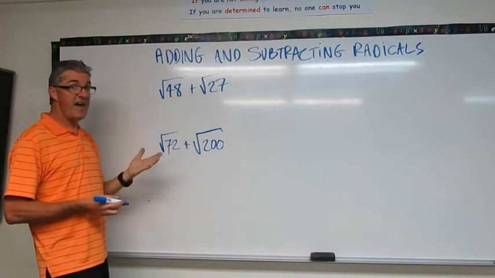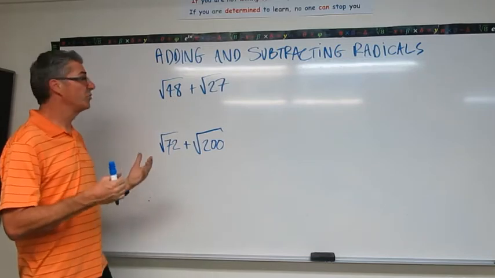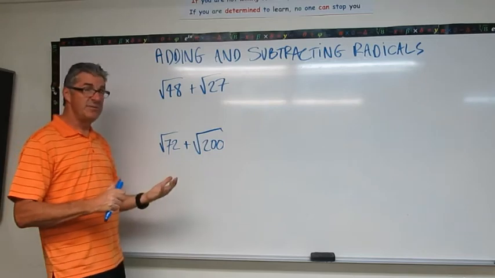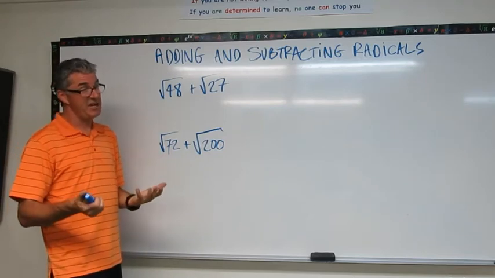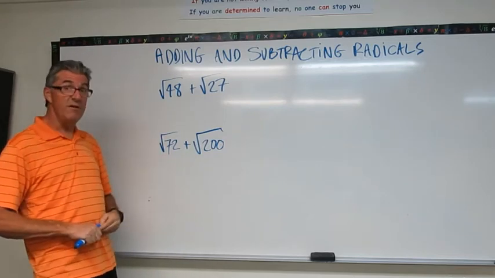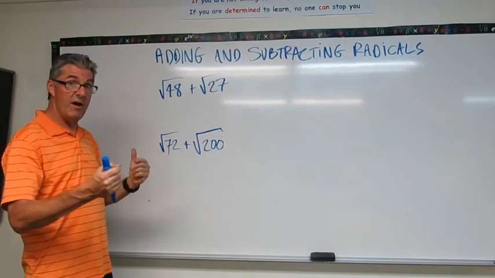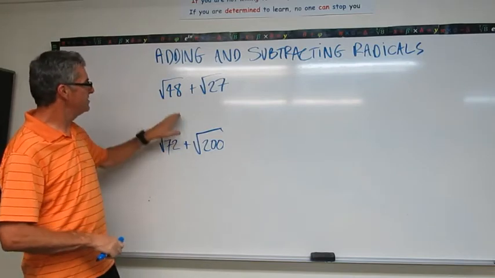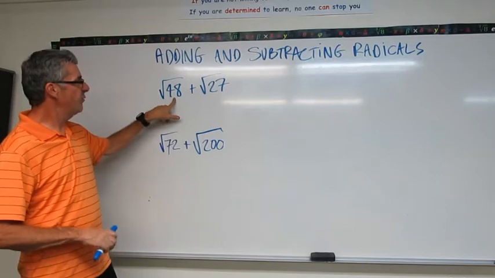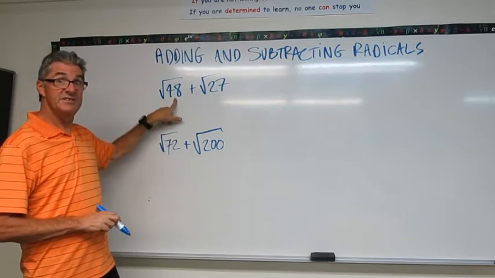48, let's factor that into perfect squares. So 2 times 24 is 48, but that's not going to do it. 4 times 12, that's good. 4 times 12, but I think we could do even better. What's 48 divided by 3? 16.